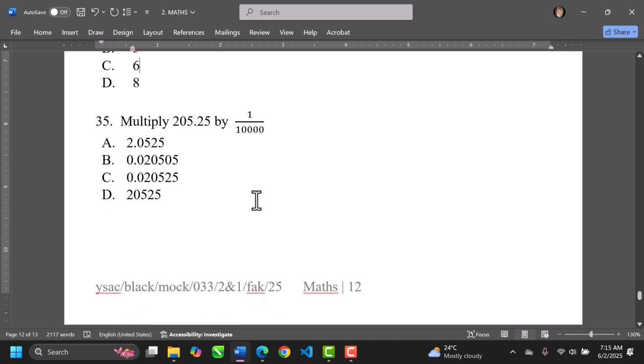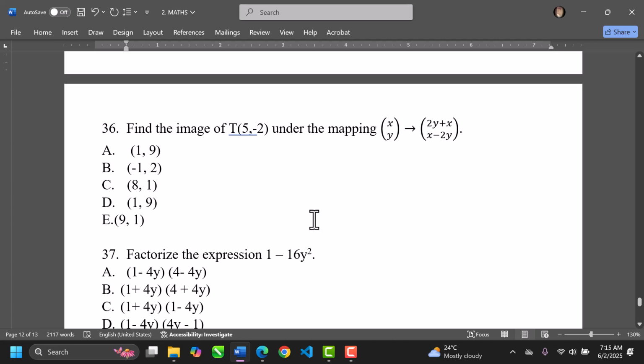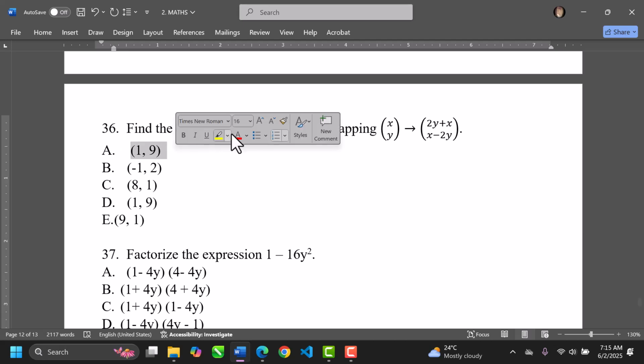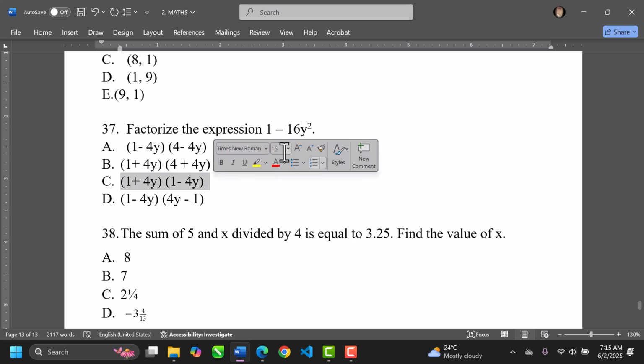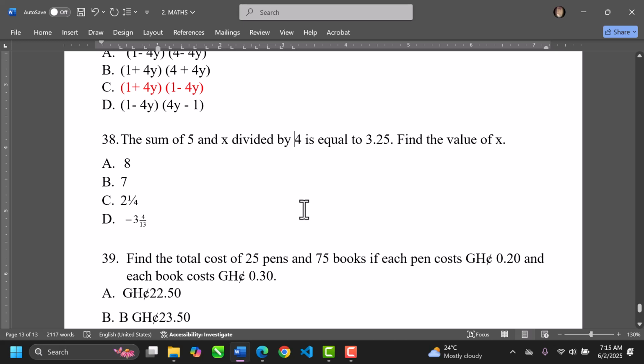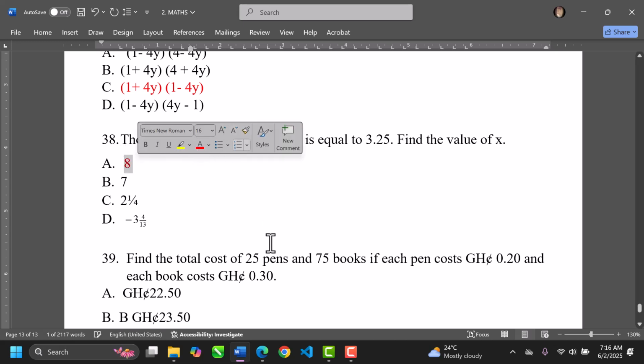Okay, let's go to 35. The answer is C. 36, look at the question very well. The answer is A. 37, the answer is C. 38, the answer is A. We're almost done.